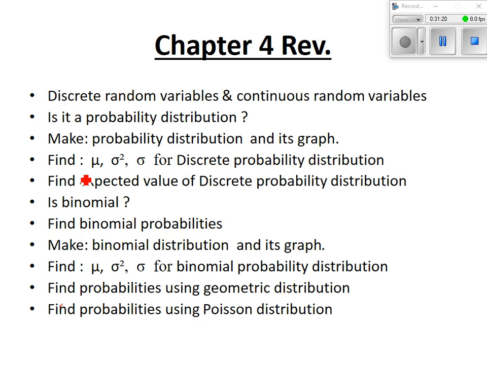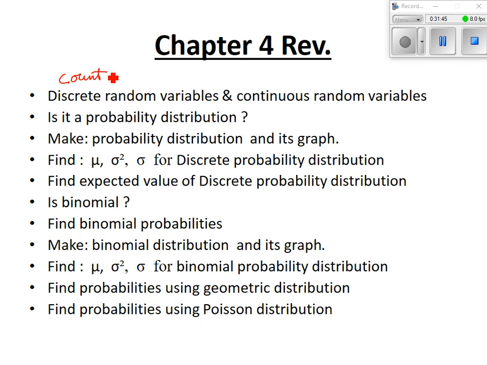So on this test, discrete random variables and continuous. Remember, you have to be able to tell the difference. This is something we did back at the start of the chapter and it wasn't very difficult. Discrete is something you can count: 1, 2, 3, 4, 5, 6, 7, 8, 9, 10. Continuous is something you can't really count: 5.2, 5.3, 5.45.